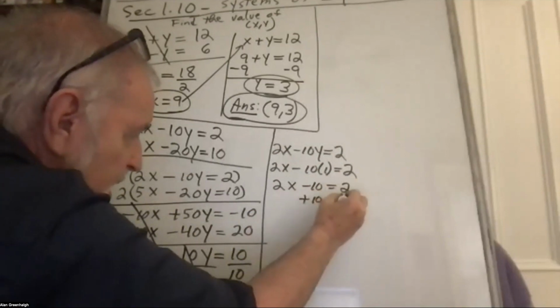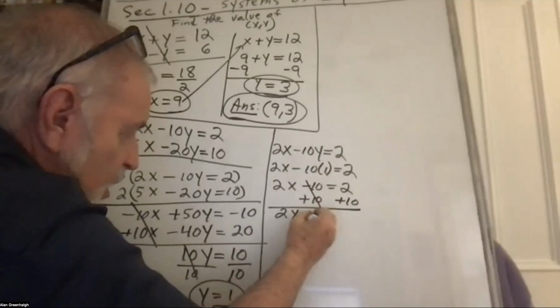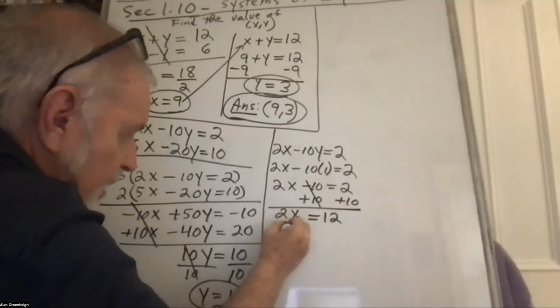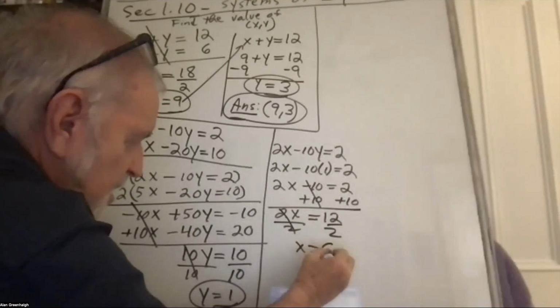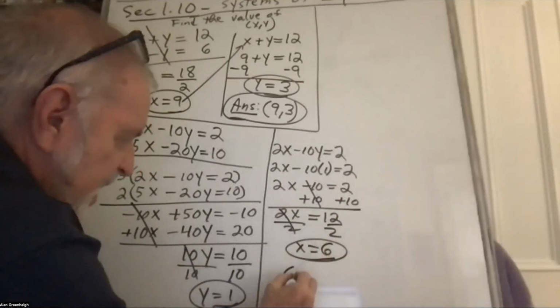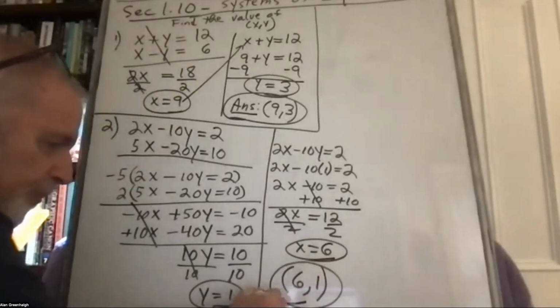Positive 10, positive 10. 2x equals 12. Divide by 2, and x is equal to 6. And the answer, as far as we know, is 6, 1.